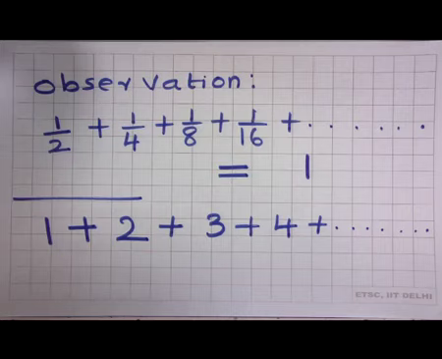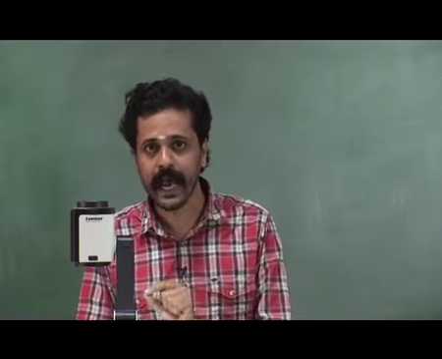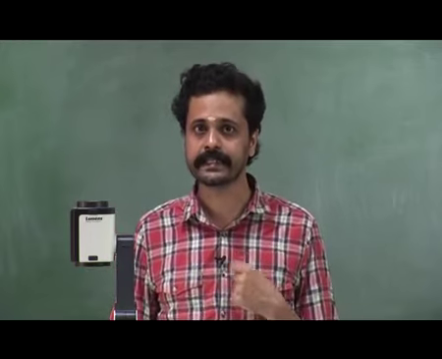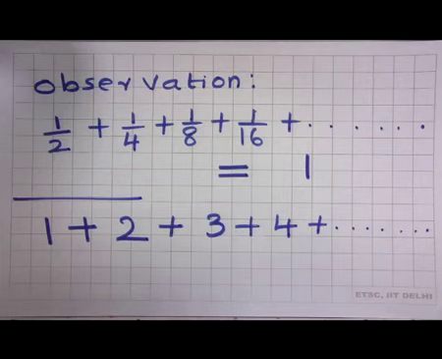That is, 1 plus 2 is 3. When we add the 3 with this sum, we will get 6. When we add 4 with the previous sum, namely 6, we get 10, and so on. As we add more and more terms, the sum increases.